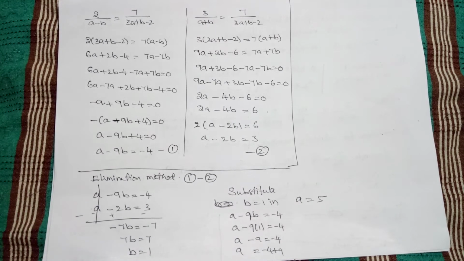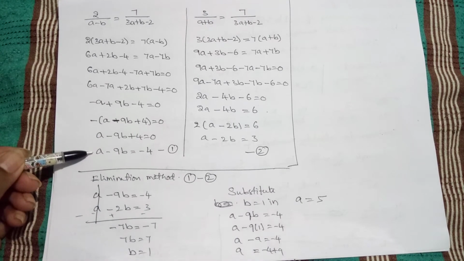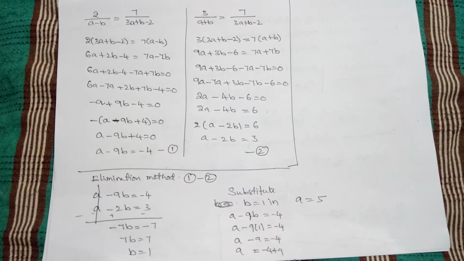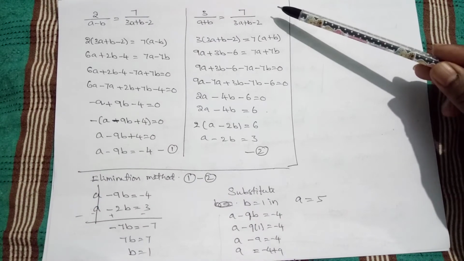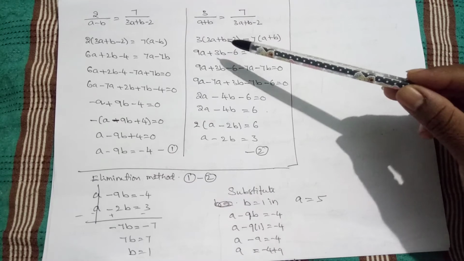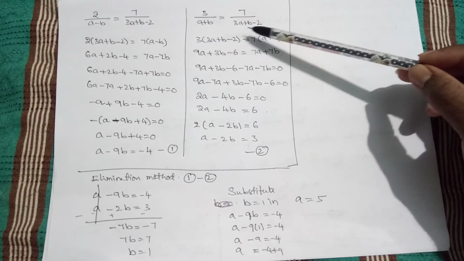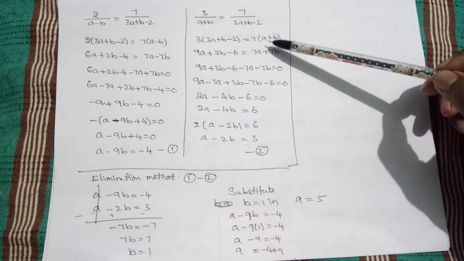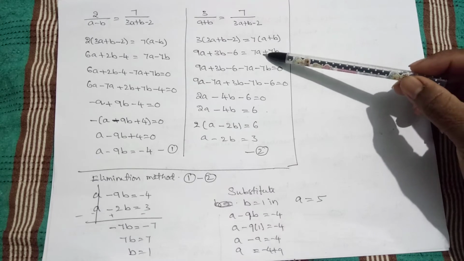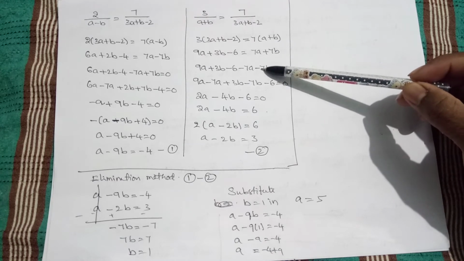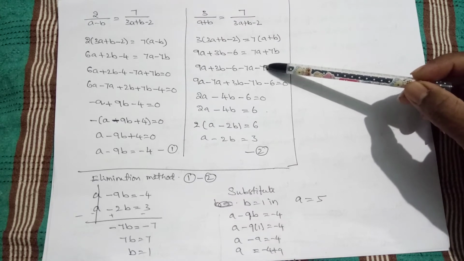Now here again we have another linear equation in a and b. Now take the second equation and cross multiply, and bring all the a's and b's to one side.